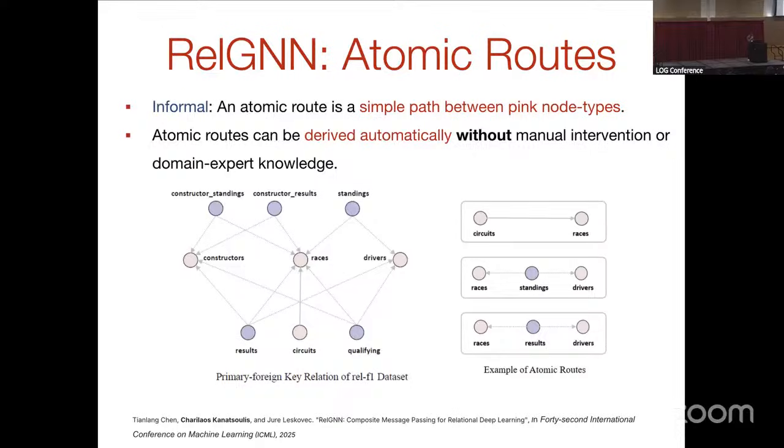Metapaths require some manual intervention to draw atomic information elements, like paper, authors and citations, some composite relationships along that line. But these atomic routes can be defined by just looking at certain hop structures and bridge structures without relying on domain expert knowledge.